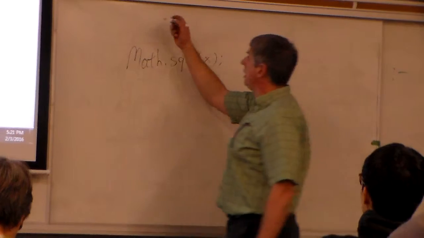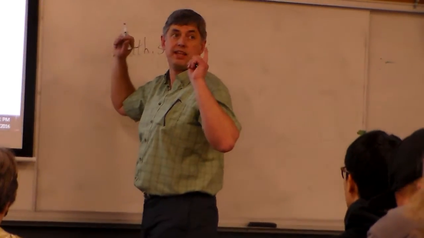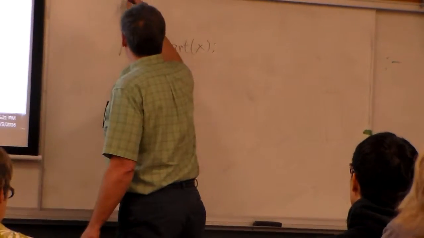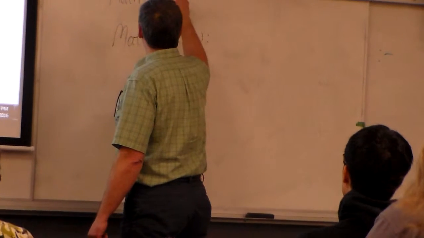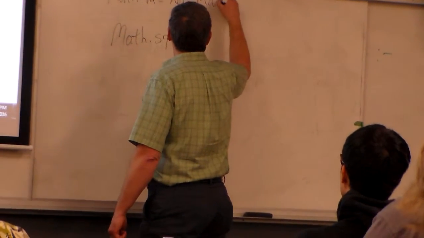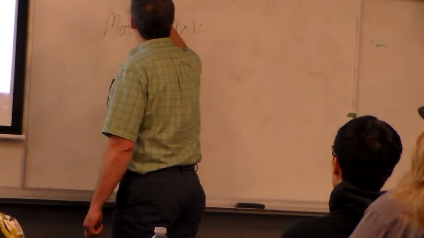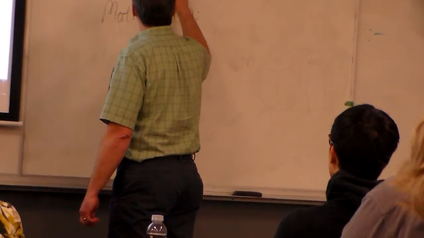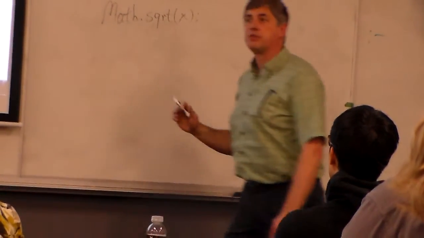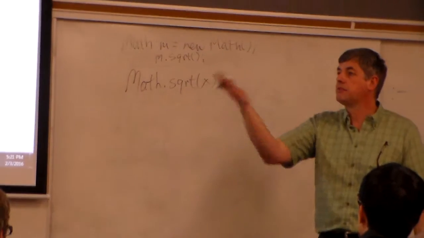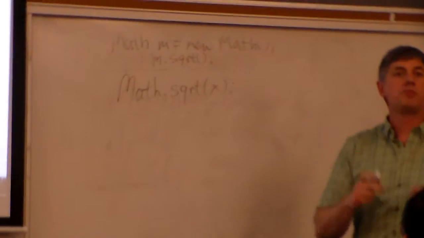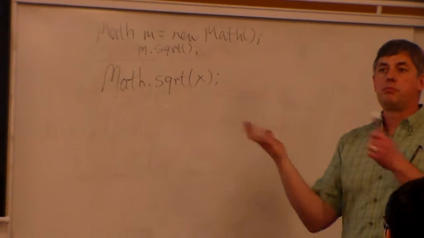Math. Well, it's calling that class, but it's static, so it doesn't need one. I don't have to go Math m equals new Math, and then m.sqrt. That's a little bit cumbersome, because we don't need an object of type m. We just want it to perform some function, right?